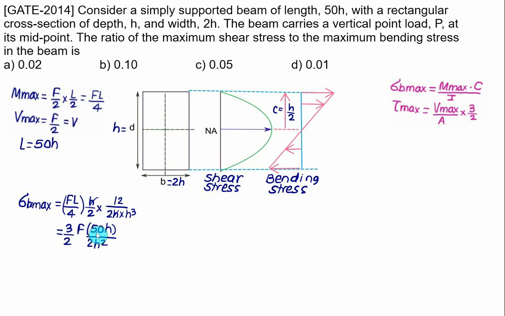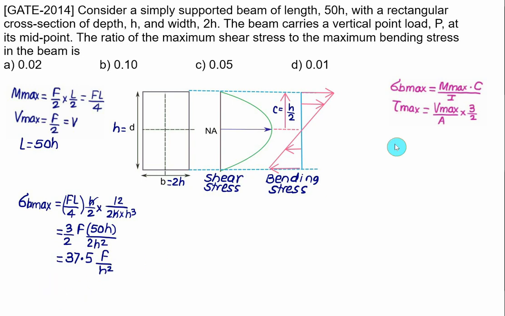So we have 3 into 50 is 150, 150 divided by 4, that will be equal to 37.5. So maximum bending stress is 37.5 times F divided by H square.